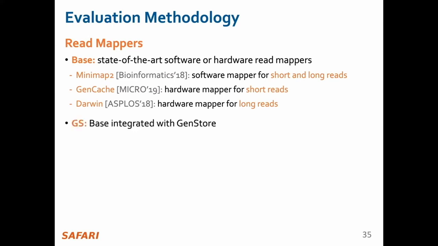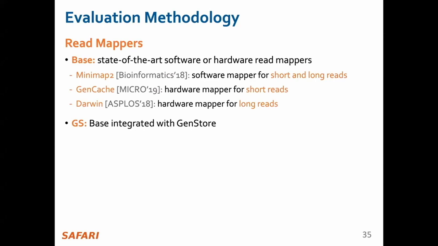So we compare these systems with GS, which is the base integrated with GenStore. That means we compare, let's say, a hardware mapper with a hardware mapper integrated with GenStore, because GenStore can be combined with different software or hardware systems since it orthogonally runs inside the SSD.